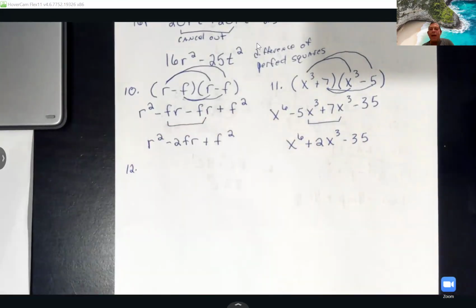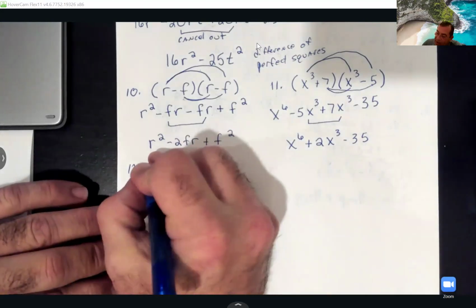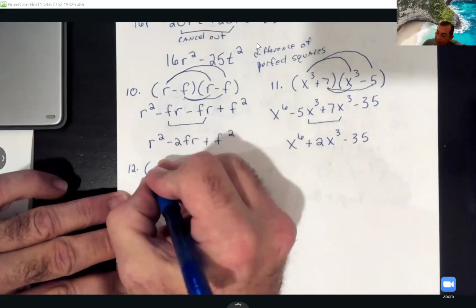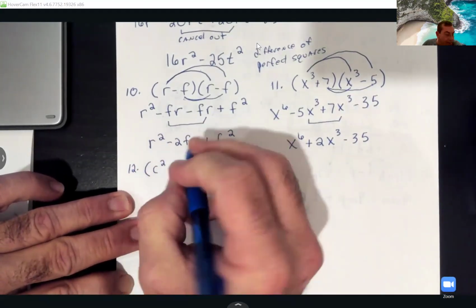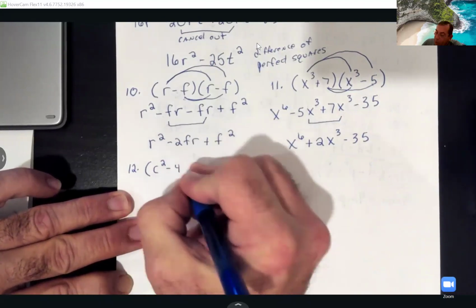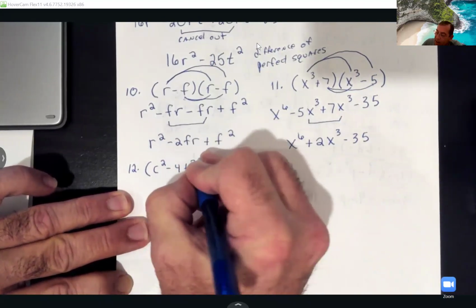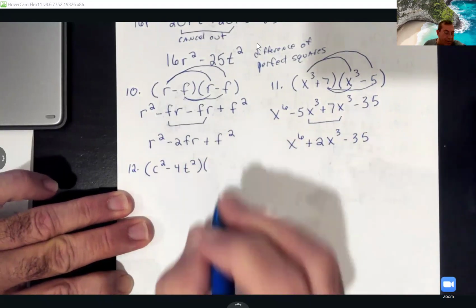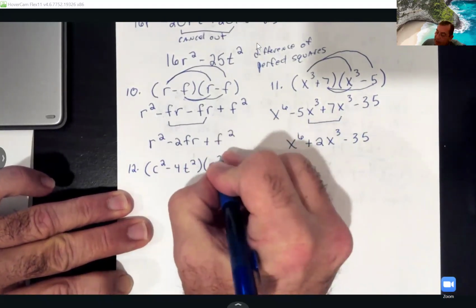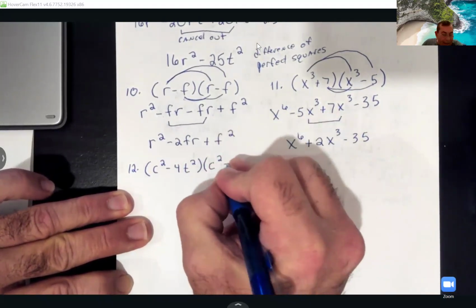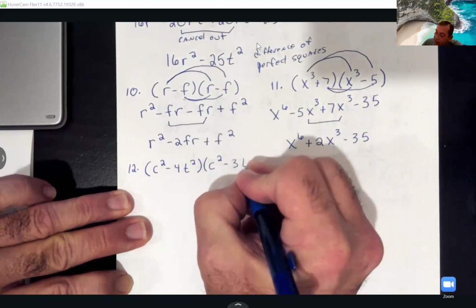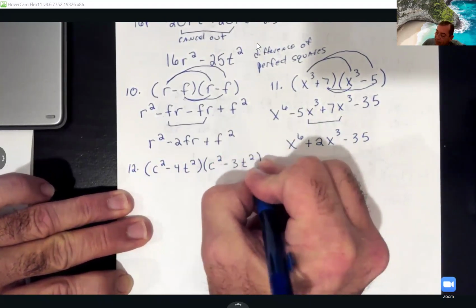So y'all are not bad. You just got to keep up really with signs and those exponents. So the last one they did was this: parentheses, c squared minus 4t squared, times parentheses, c squared minus 3t squared.